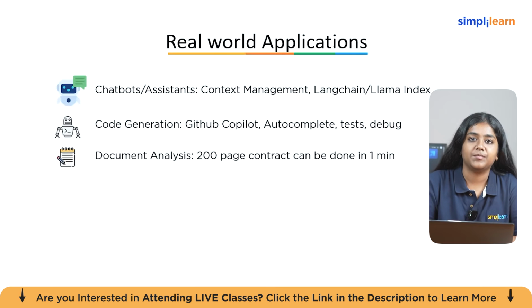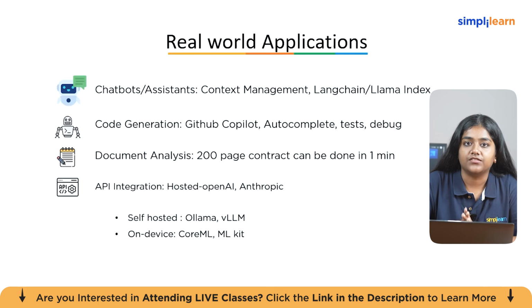The next, we have API integration. APIs allow developers to integrate AI capabilities into applications without building models from scratch. Hosted services like OpenAI and Anthropic provide ready-to-use AI models, so this makes development faster and scalable. Next, we have self-hosting. It means running AI models on your own infrastructure instead of using cloud services.